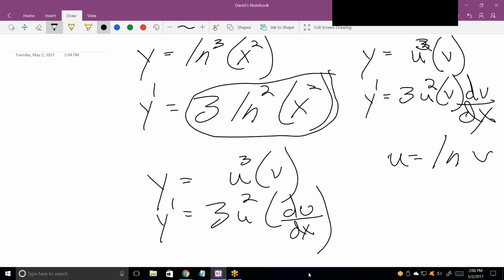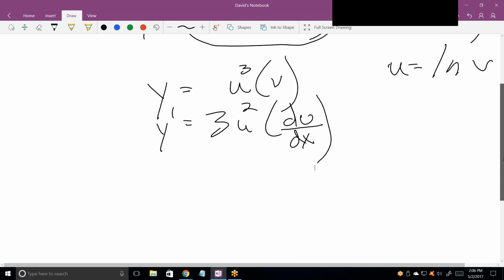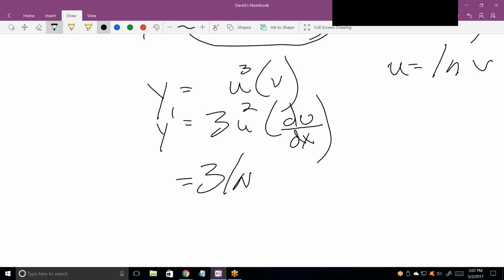Well, that becomes 3 natural log of x squared, that's what v is, squared. In other words, 3u squared becomes 3 natural log of x squared, squared, times dv dx, which is 2x.